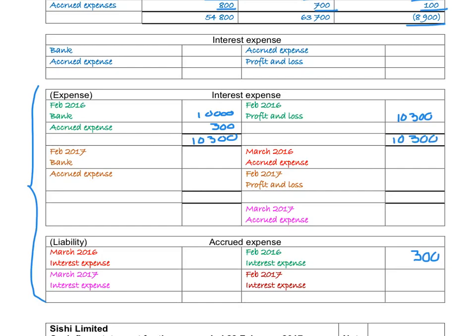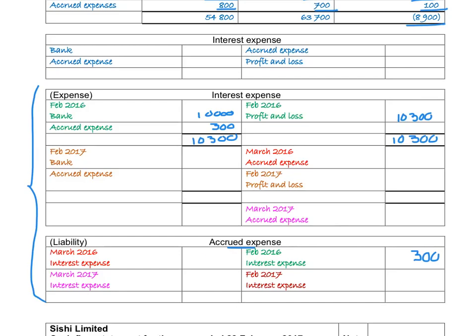At the beginning of the next financial year, that means on the 1st of March 2016, we have to do a reverse entry for this 300 because this accrued expense account is a bridging account that's only valid for 1 day. So that means it's got a credit balance.